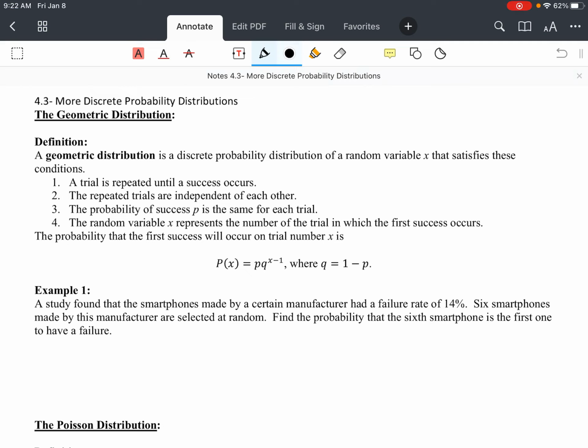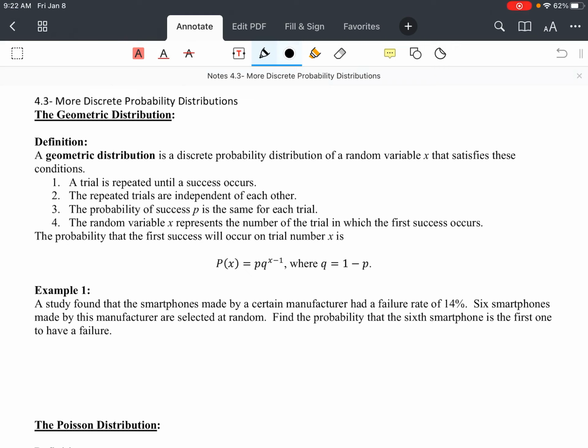The definition says that a geometric distribution is a discrete probability distribution of random variable x that satisfies these four conditions. A trial is repeated until a success occurs. The repeated trials are independent of each other. The probability of success, p, is the same for each trial. And the random variable x represents the number of trials in which the first success occurs.